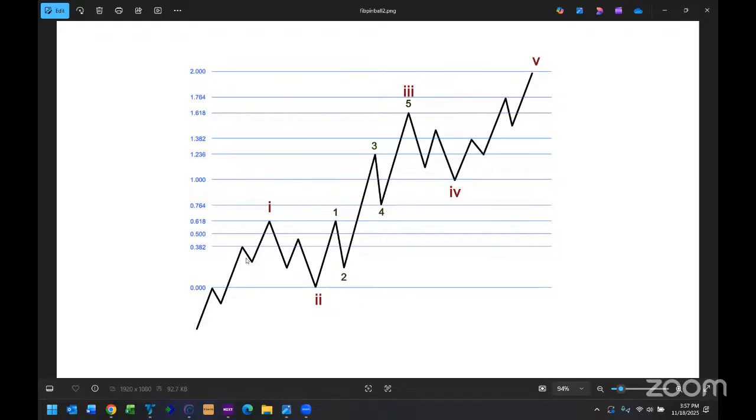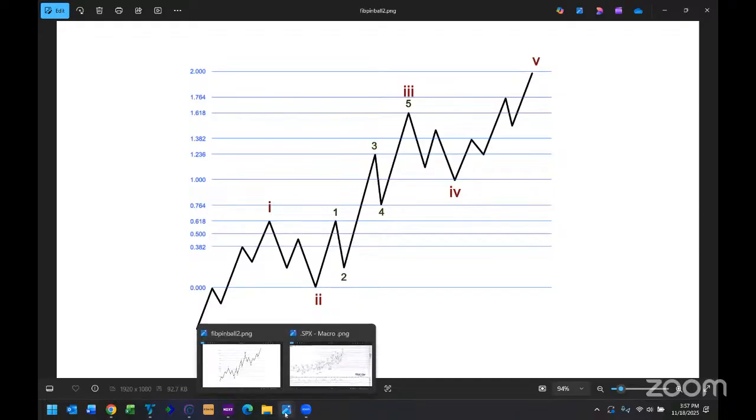And again, five waves in each of the waves 1, 3, and 5 that move with the trend, and three waves that are labeled A, B, C that move counter trend in wave 2 and wave 4. So I want you to focus on this general perspective as we now move into the charts.